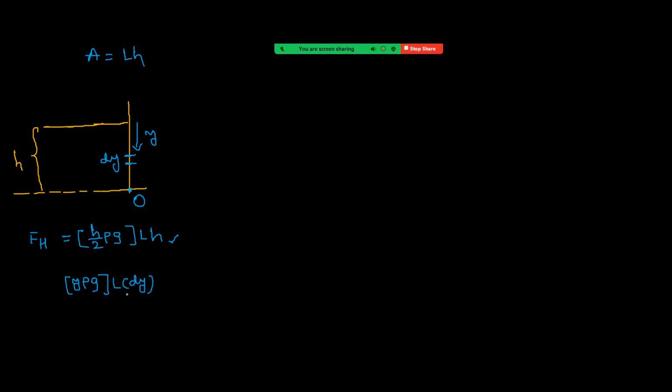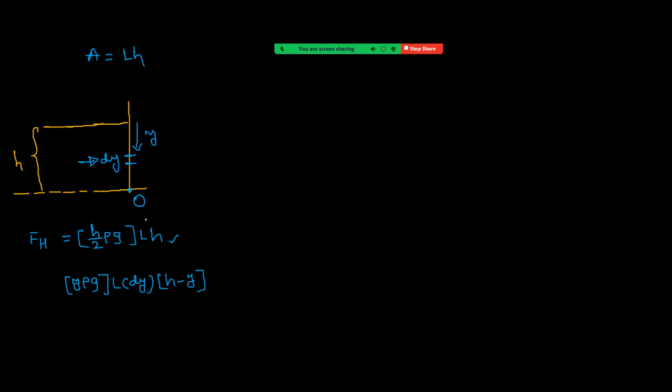But now we want to calculate torque about point O. About O means you can see that force acting now like this horizontally about point O. So distance will be h minus y, right?